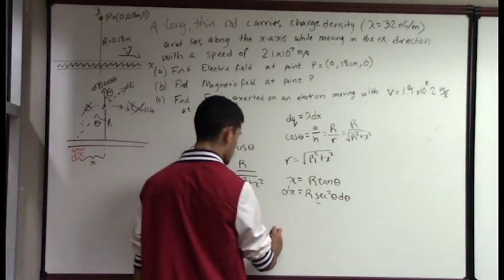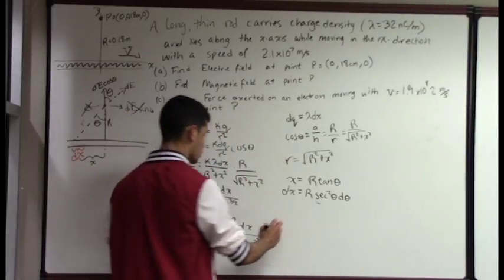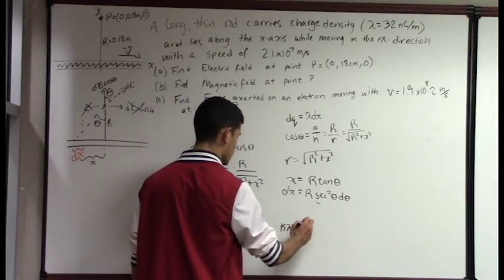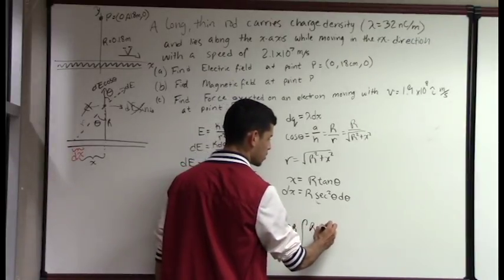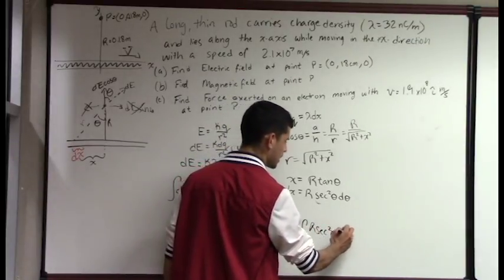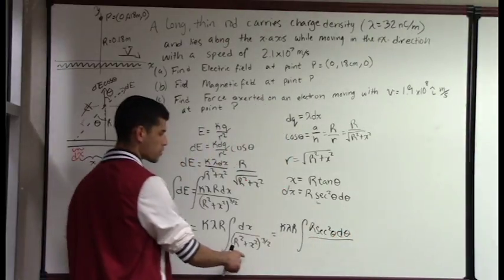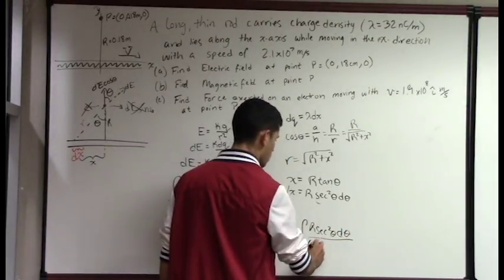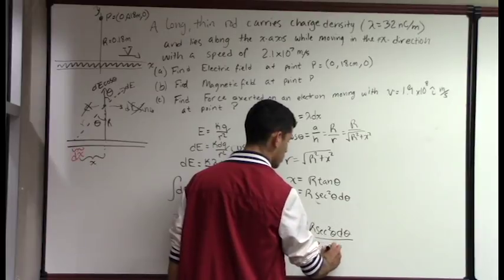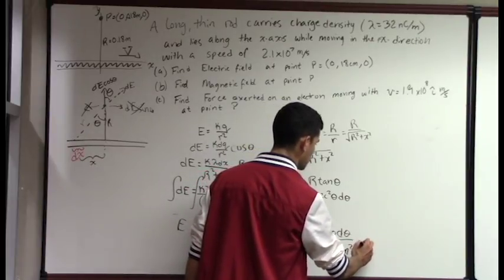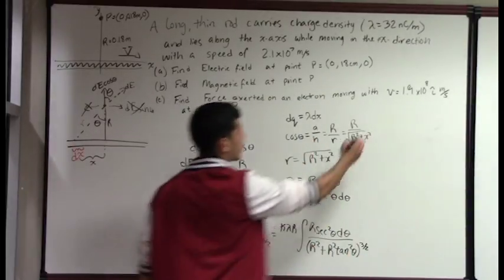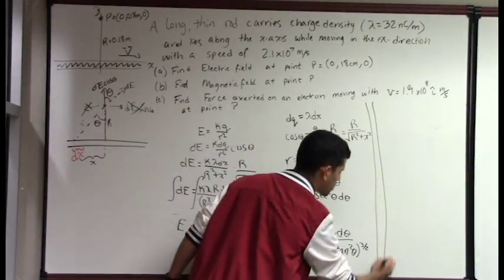Replacing the terms, this is equal to k lambda r times the integral of r secant squared theta d theta all over r squared plus r squared tangent squared of theta to the 3/2. Drawing a little line here so we don't mix up our math.